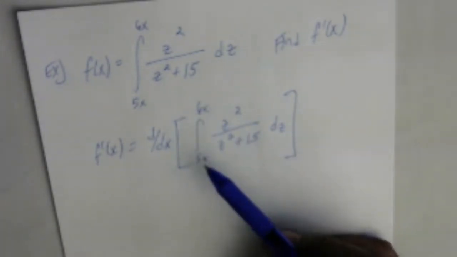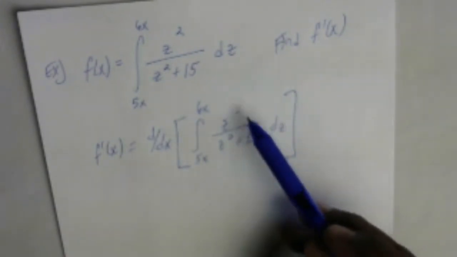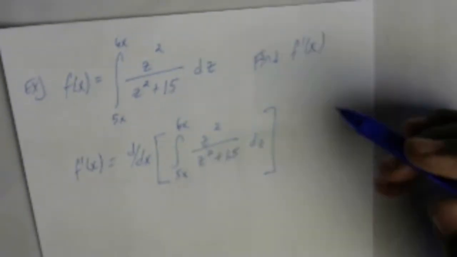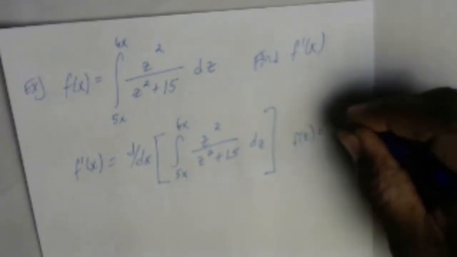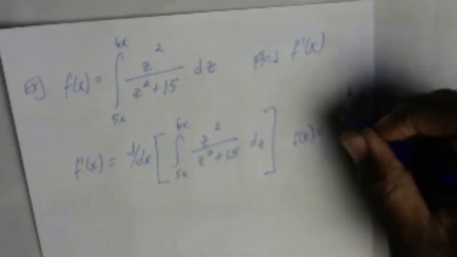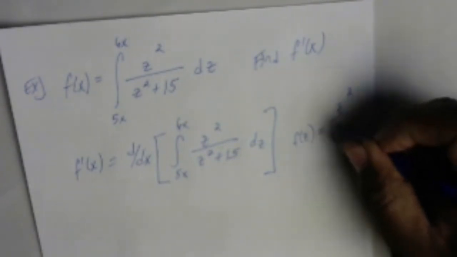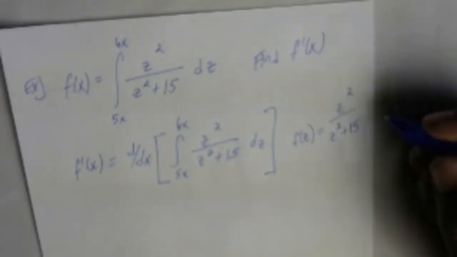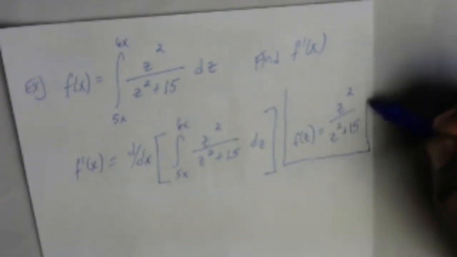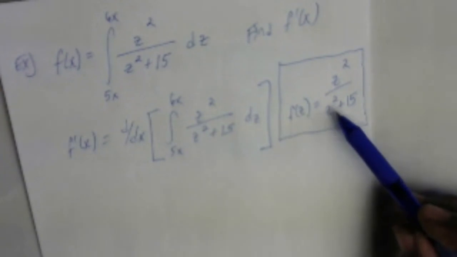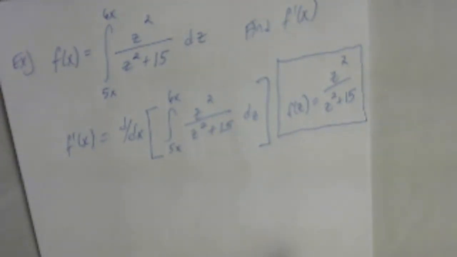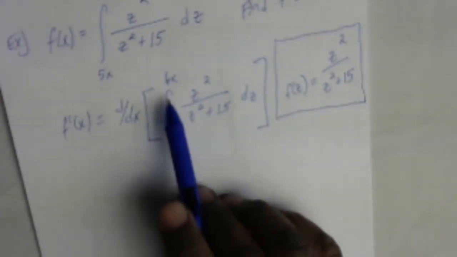So I have my integral, I have my limits, I have the function of my integral, which has a variable z. So I have f of z equal to z squared divided by z squared plus 15. Right, this is the function of my integral. Next I'll replace this integral symbol with the capital F notation.